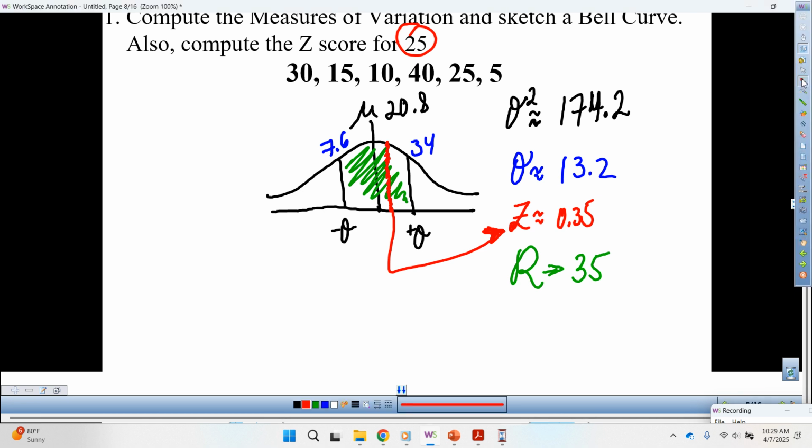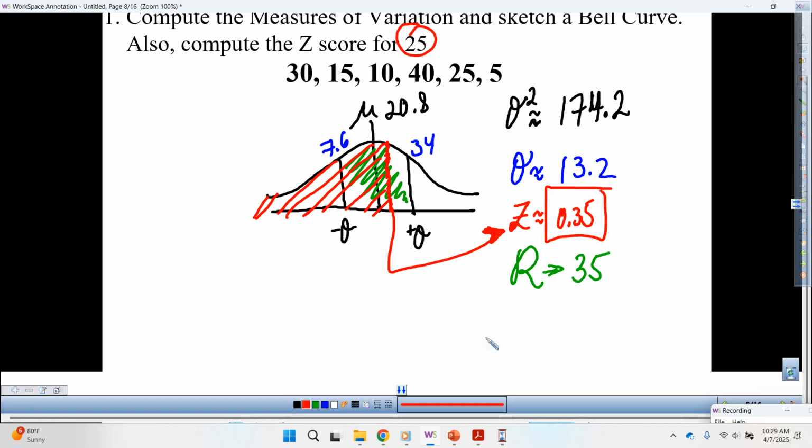So, what that chart gives us, look up or you're going to miss it, is the percentage to the left of the z-score under the curve. So what was that z-score? 0.35.